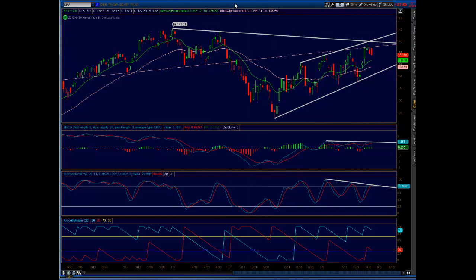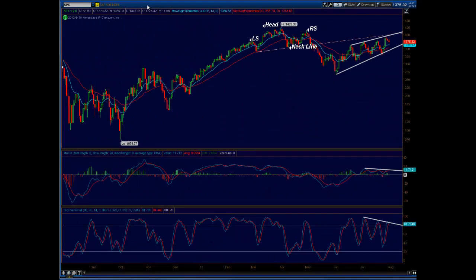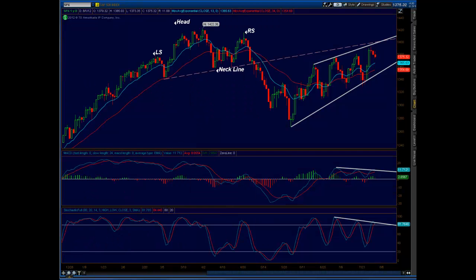So let's look at the S&P cash. I have drawn the same thing here on the S&P cash index, which has the left shoulder, the head, the right shoulder, the neckline, and all we've done is pretty much come back and back tested. In the S&P cash index we haven't gotten there yet, and I don't see it going much higher, but possibly we could.